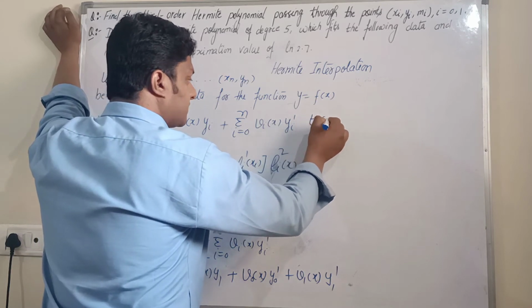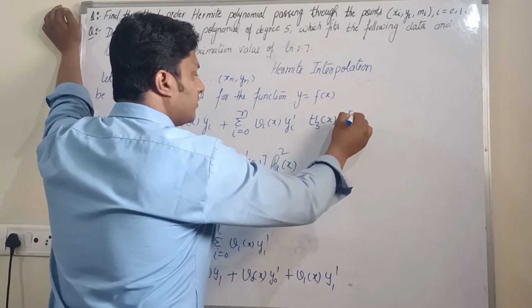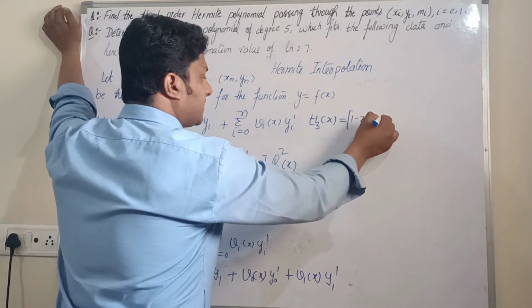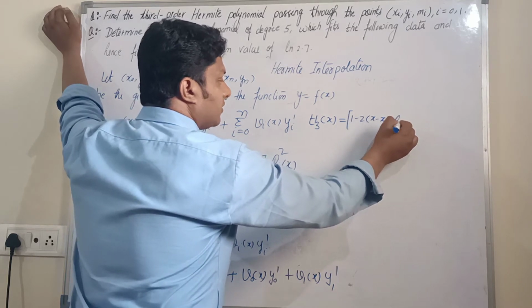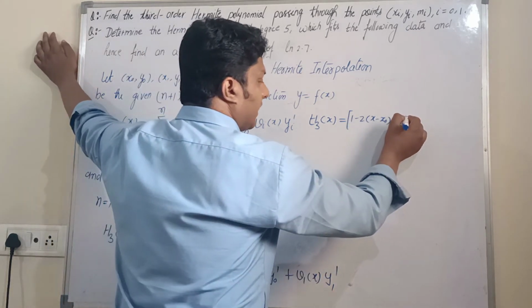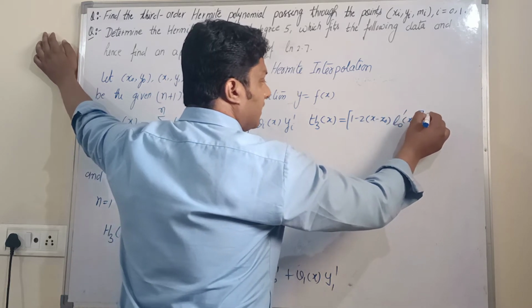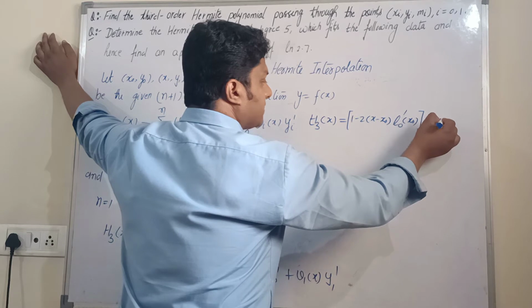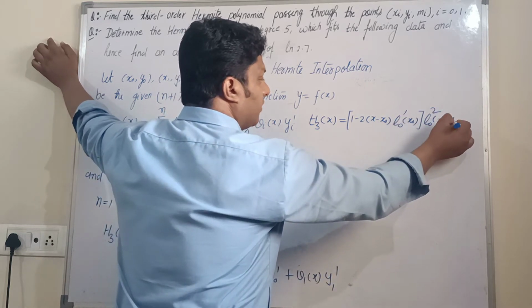So H_3(x) will be, u0(x) means 1 minus 2 times (x minus x0) l0'(x0) and l0(x) square, then y0.